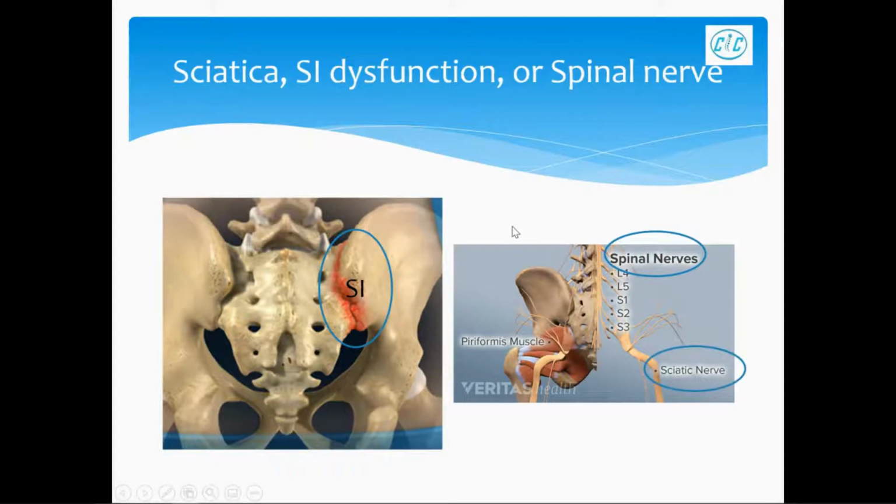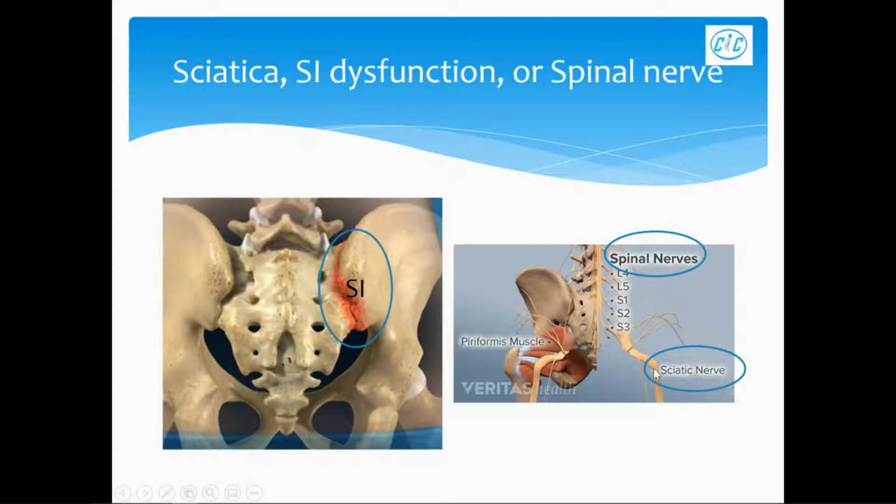The other thing that we are interested in is the sciatic nerve to discuss. And the one thing we're going to come out of this PowerPoint page with is that the sciatic nerve is not the same as the spinal nerves. The spinal nerves, as you notice right here, from L4, L5, S1, S2, S3, all these nerves come together and make one nerve.